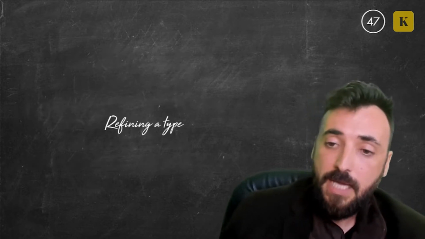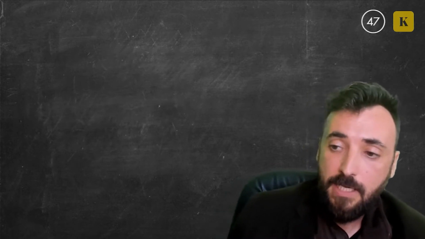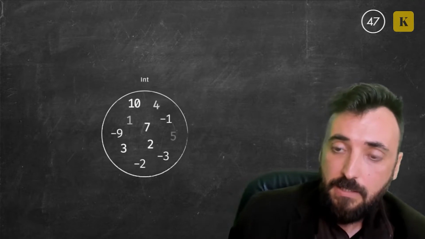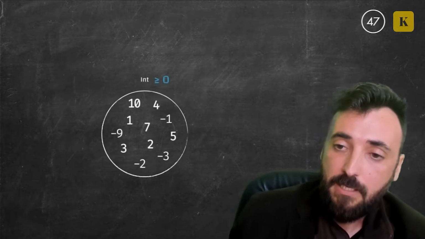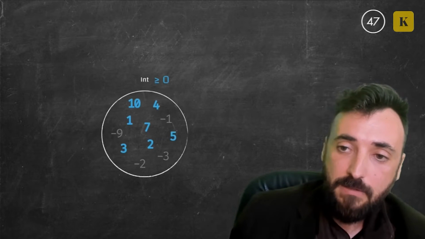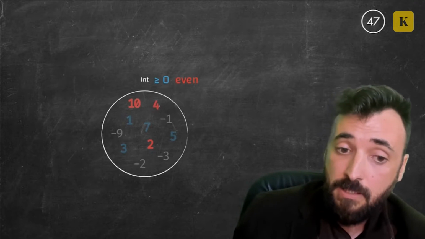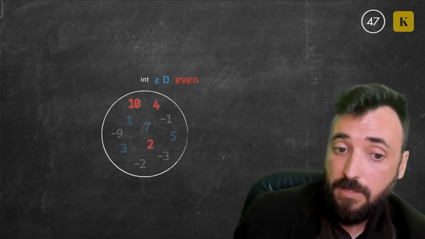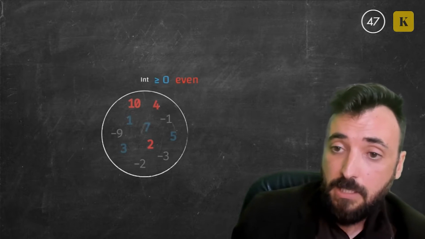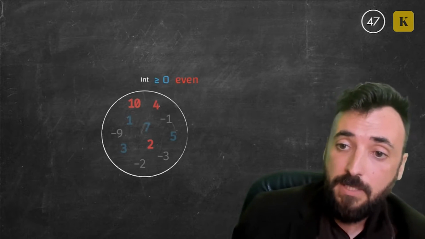So before we dive into that, the first feature we're going to look at is called type refinements. Think of type refinements as: a type may have multiple values, but you're just interested in those that are constrained by a set of predicates. In this case, we are constraining the type int with the predicate of being bigger or equal to 0 or being even.